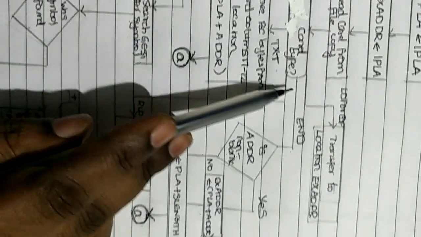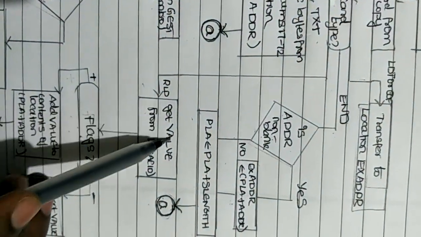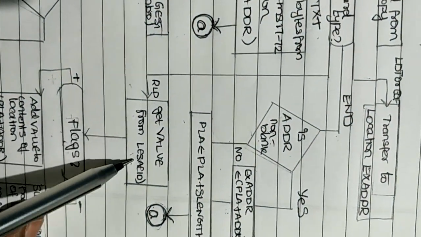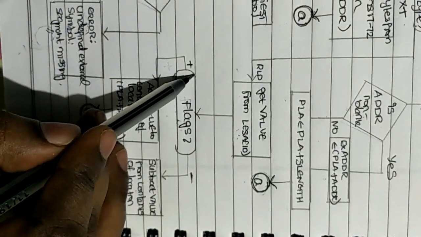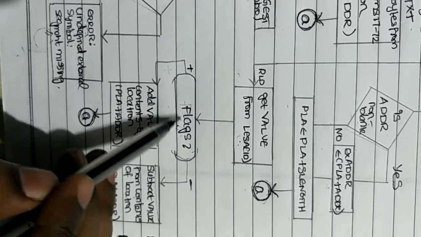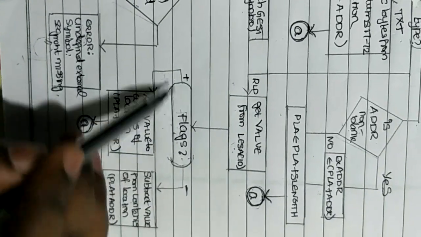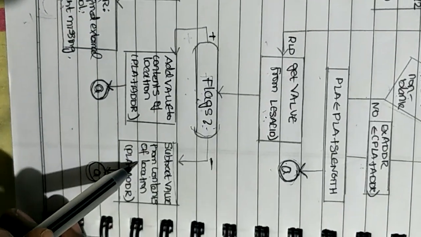Now come to the last person, who is getting a value from LESA. After getting the value, he is again forming in a different form from his parent, and he is having some plus and minus. We are trying to find what are the plus and minus of him.